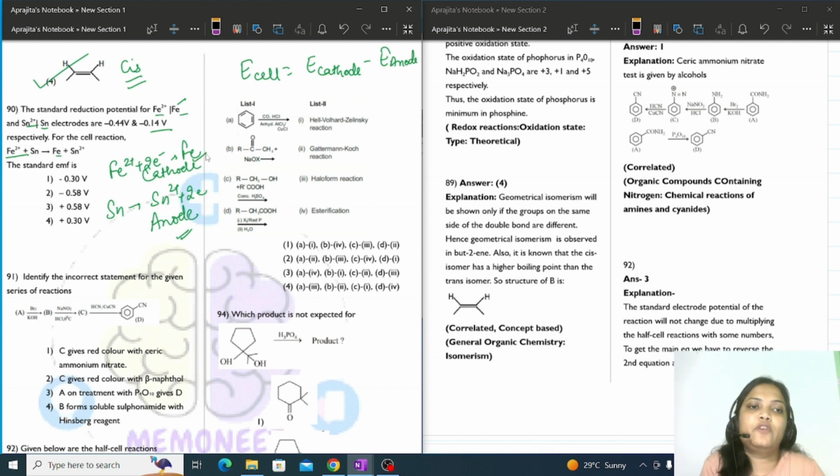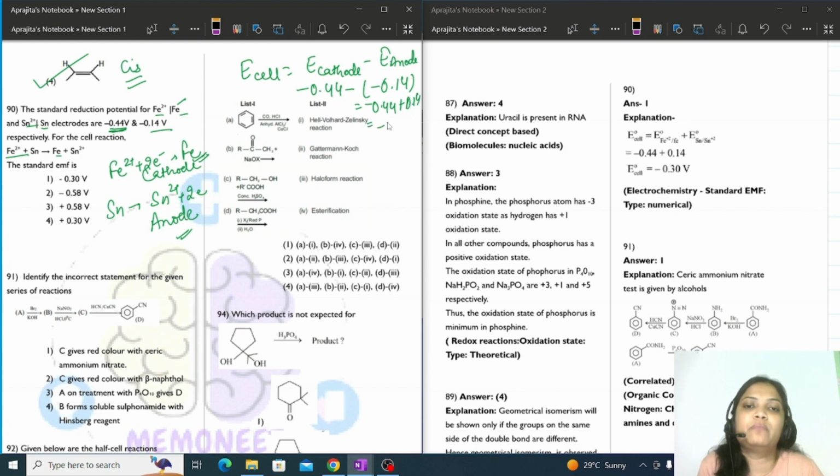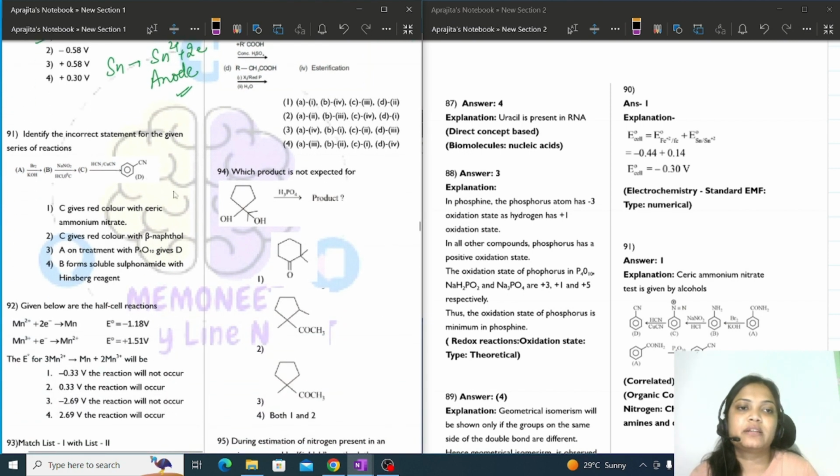So E cathode for iron is given as minus 0.44, minus 0.14. So we will be adding it, plus 0.14. It will come out to be minus 0.30 volts, because reduction takes place at the cathode and oxidation takes place at the anode.